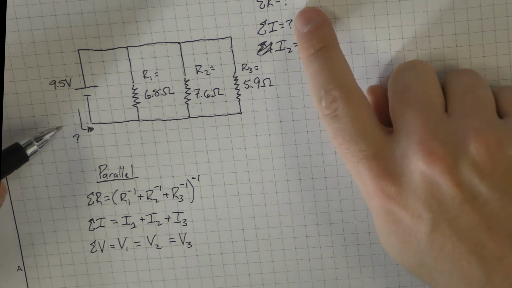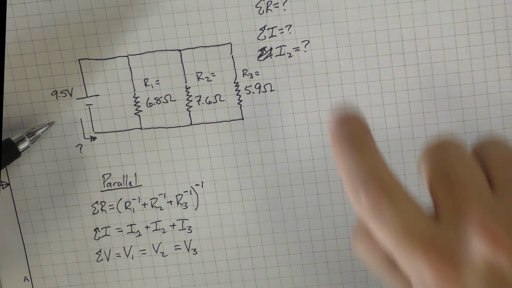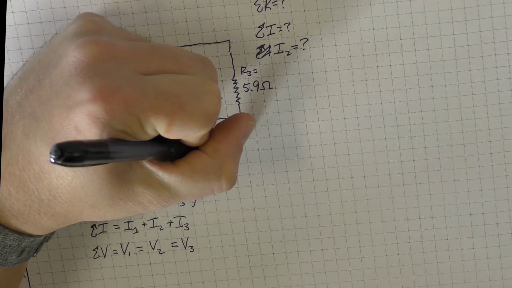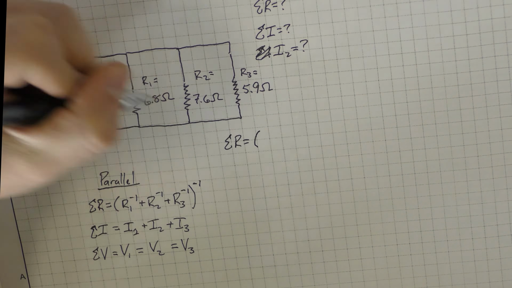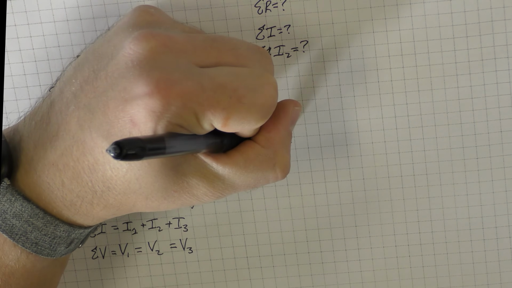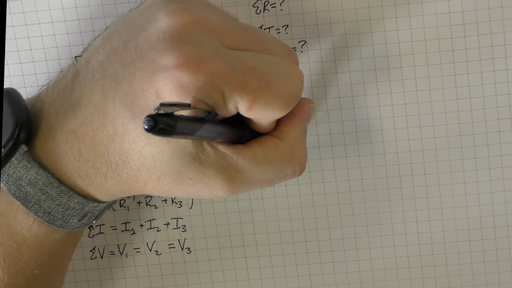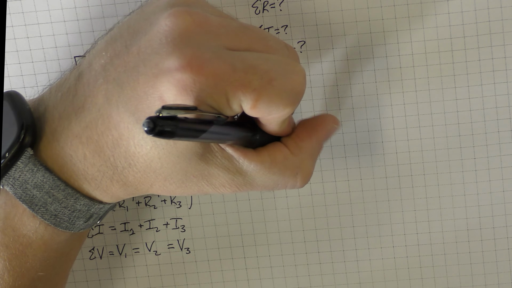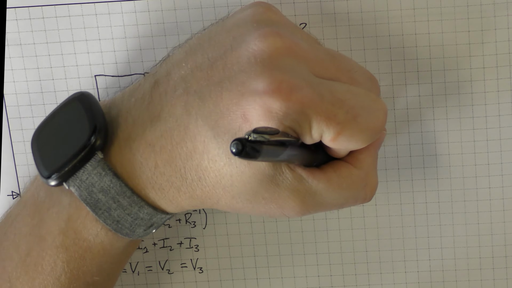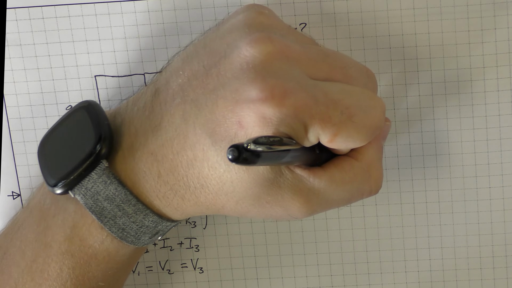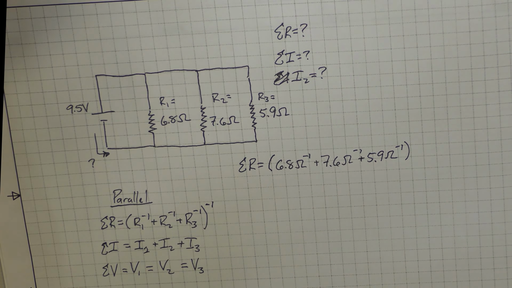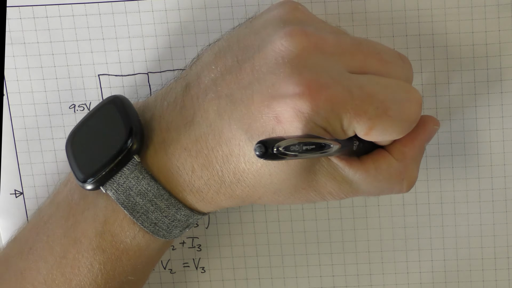Okay, let's calculate this total resistance real quick. For this circuit, our total resistance equals 6.8 ohms to the negative 1 plus 7.6 ohms to the negative 1 plus 5.9 ohms to the negative 1, and we're going to take all of that to the negative 1.